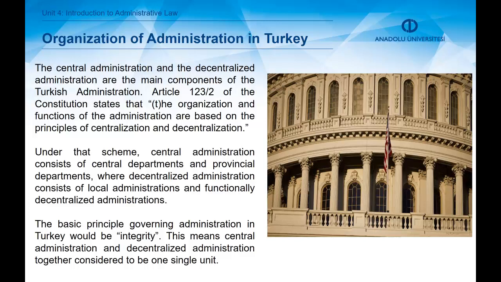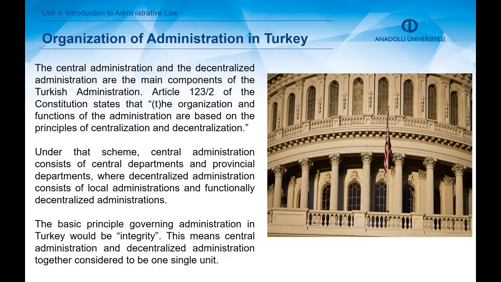Article 123, Section 2 of the Constitution states that the organization and functions of the administration are based on the principle of centralization and decentralization.